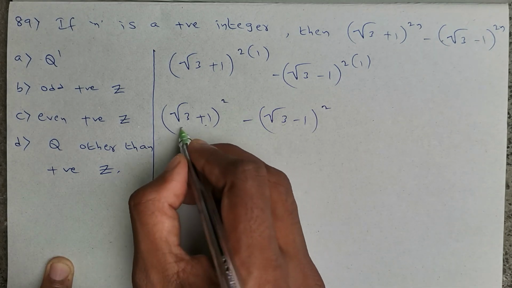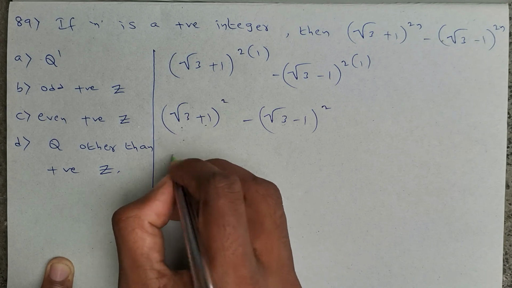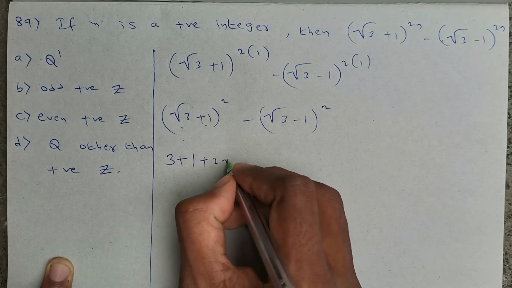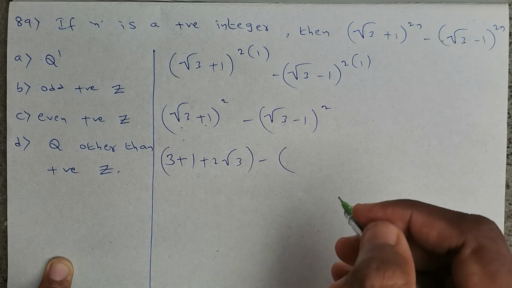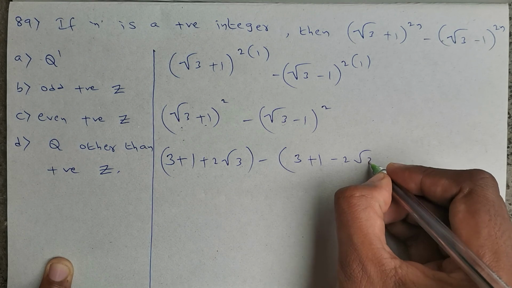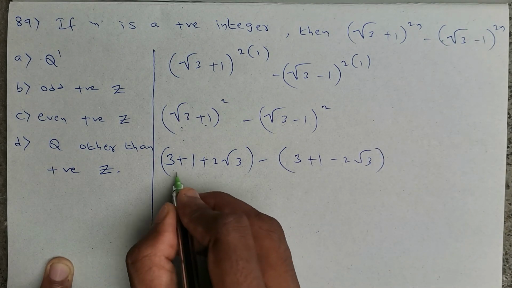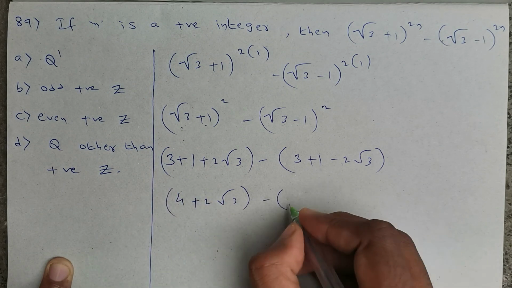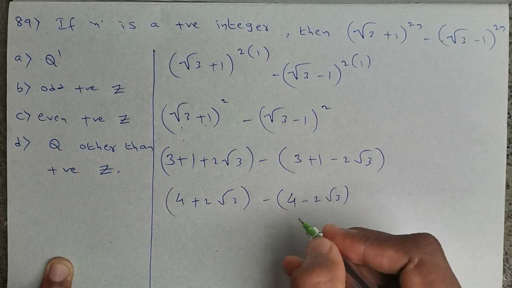Applying a plus b whole square: a square, root 3 square is 3, plus 1 square is 1, plus 2 into root 3. For a minus b whole square, the formula is a square plus b square minus 2ab. Now 3 plus 1 is 4, plus 2 root 3, minus 3 plus 1 is 4, minus 2 root 3.